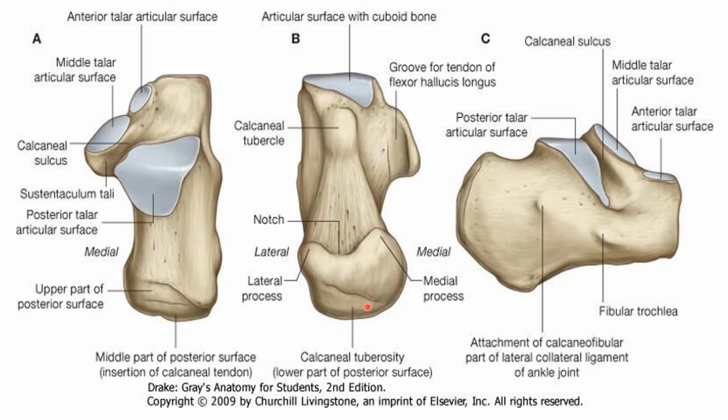So what you should remember about the calcaneal tuberosity is that it is present on the plantar surface, and its lateral and medial parts extend as lateral and medial processes.